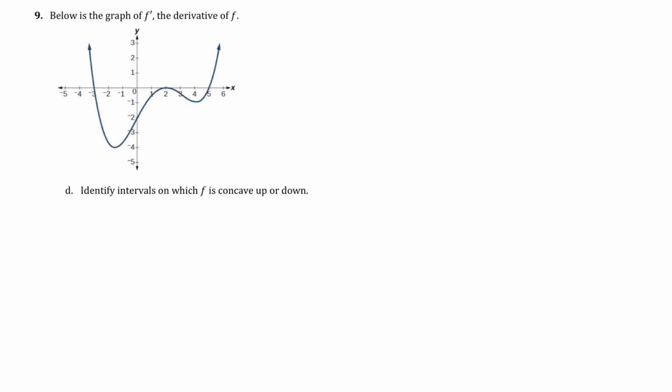For part 9D, once again, same graph. This is f prime. Identify intervals on which f is concave up or concave down. So f is concave up if f double prime is positive. And if f double prime is positive, that means that f prime is increasing.